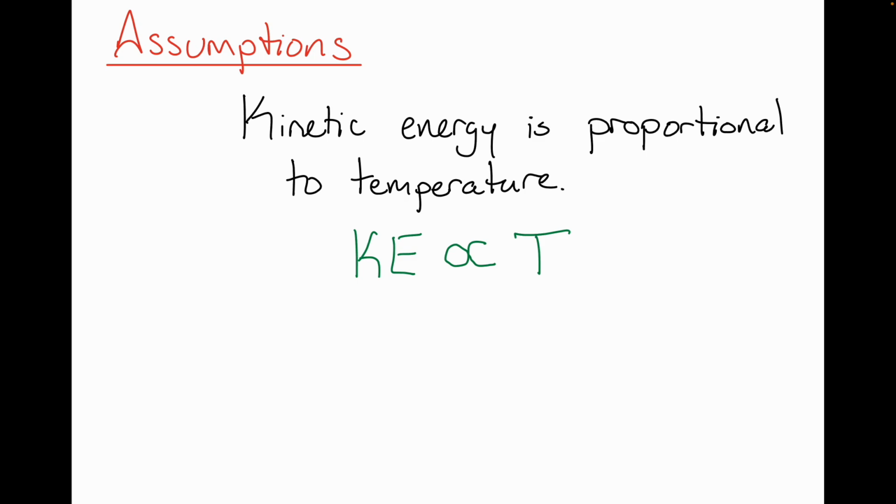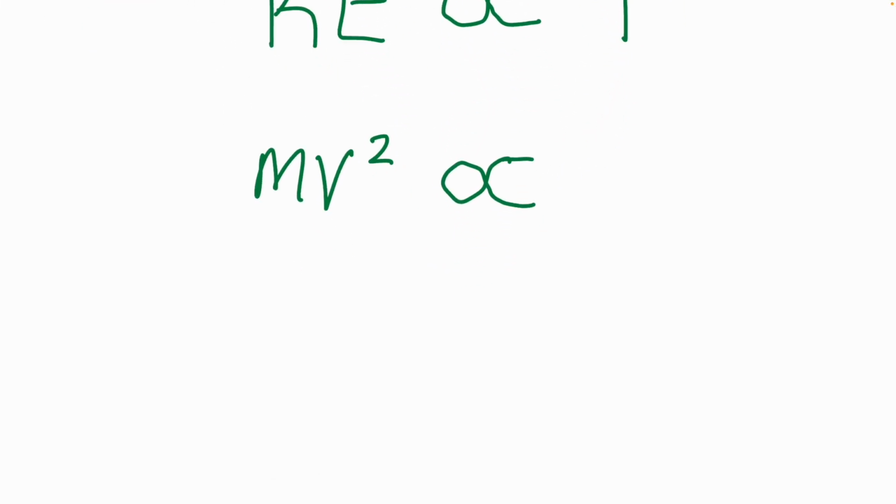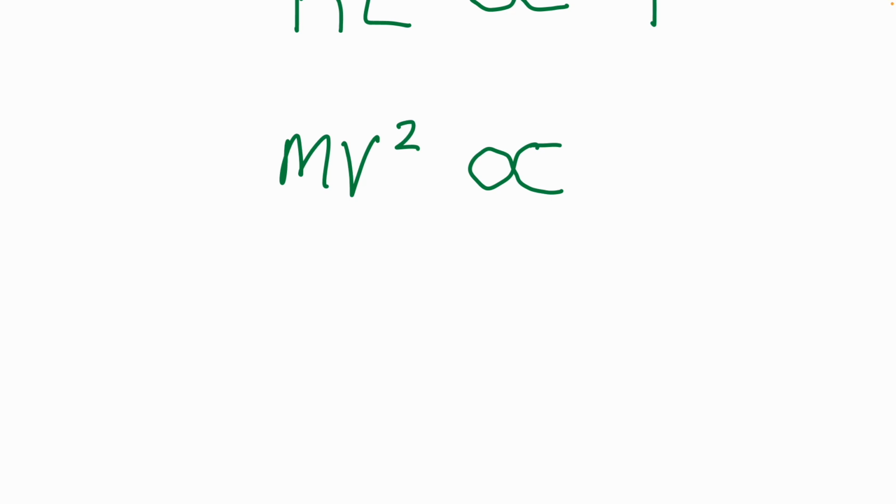All right, and then we want to make note that our kinetic energy is proportional to mass times velocity squared. Not volume, sorry. I always want to say volume, but really here, since it's physics, it's velocity.